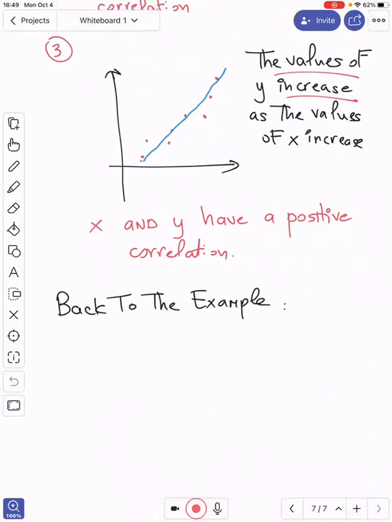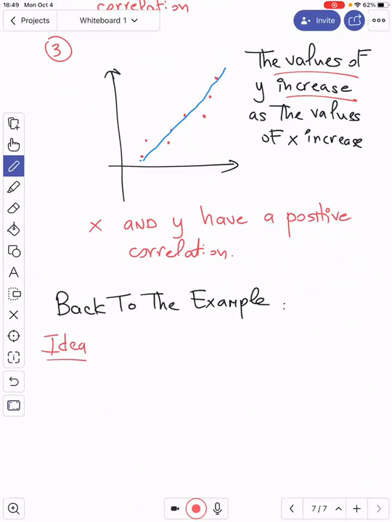It's actually called the sample correlation coefficient, and this coefficient describes the strength of the linear correlation between the two variables.